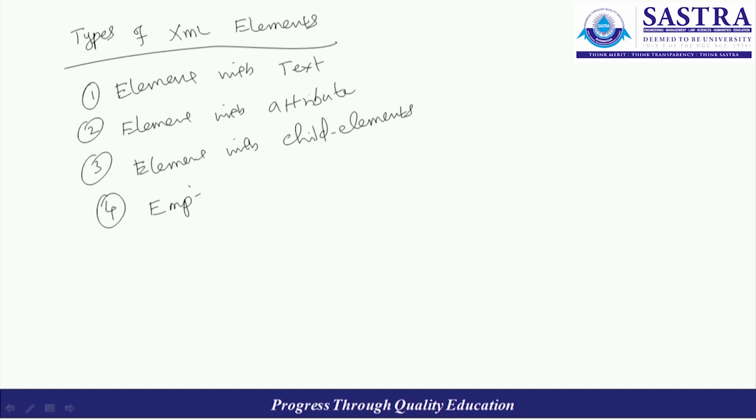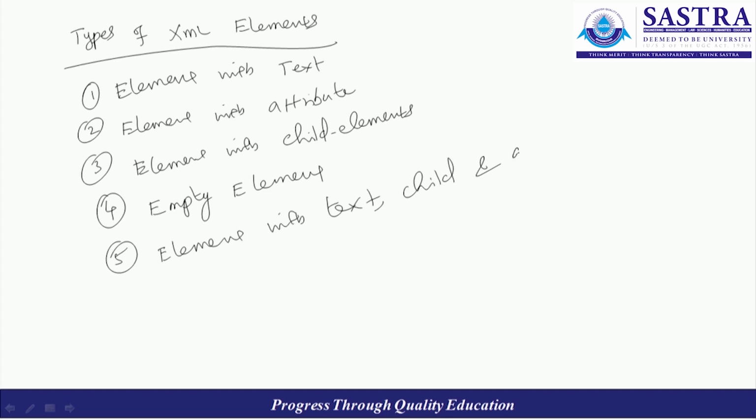Then empty element. Then element with text, child and attribute. These are the various types of XML elements.